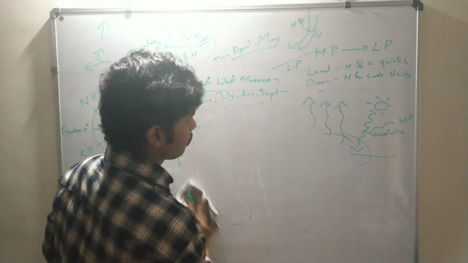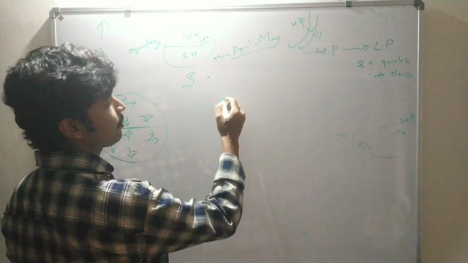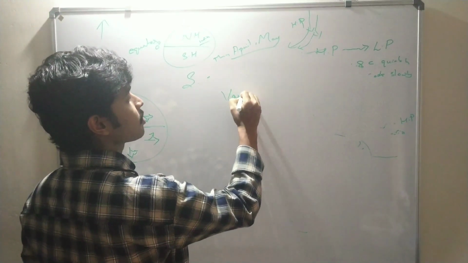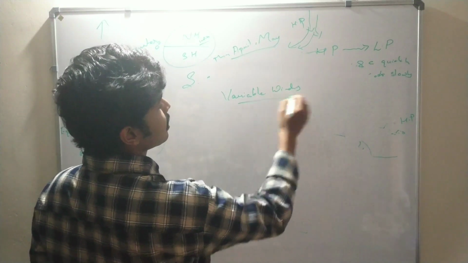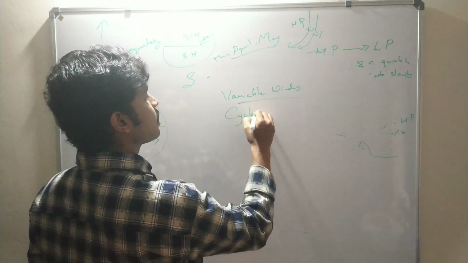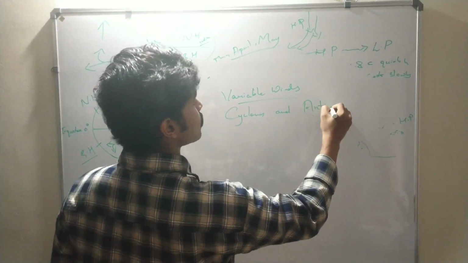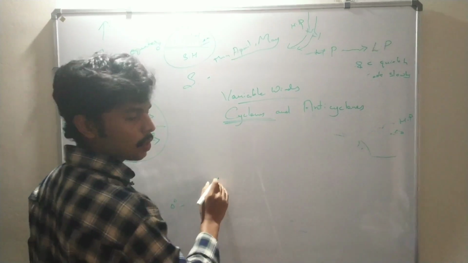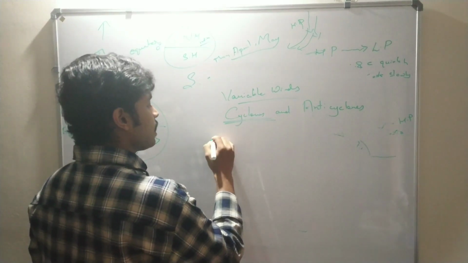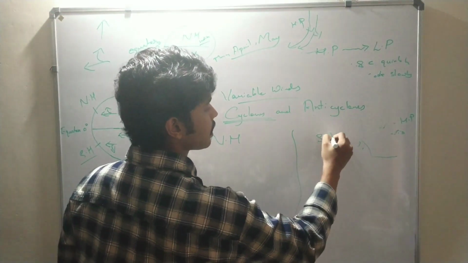And also, the Coriolis force will act in the case of variable winds such as cyclones and anticyclones. So I will explain about the cyclone here, in the northern hemisphere and also in the southern hemisphere.